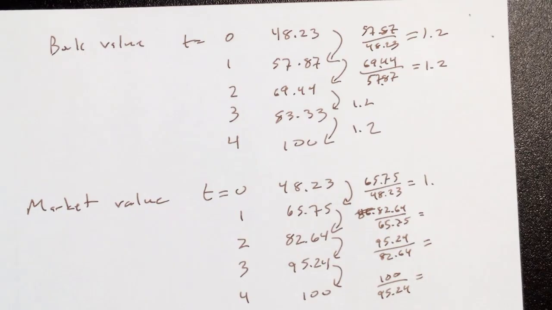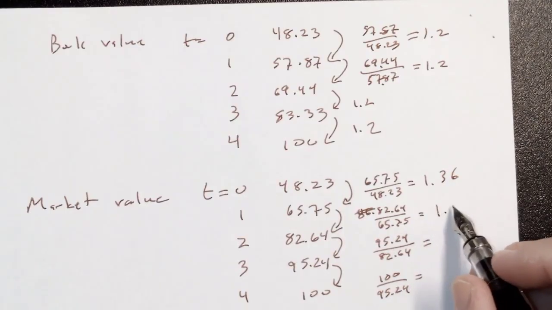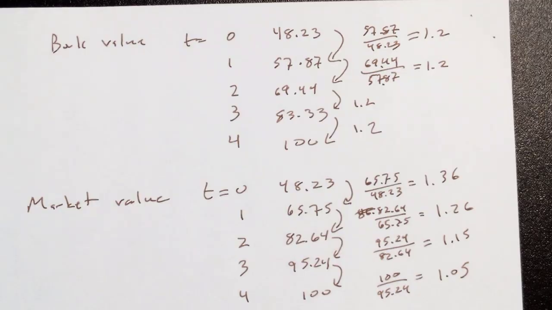What do I get the change to the market value to be? And if I keep going, I see a substantial difference here.